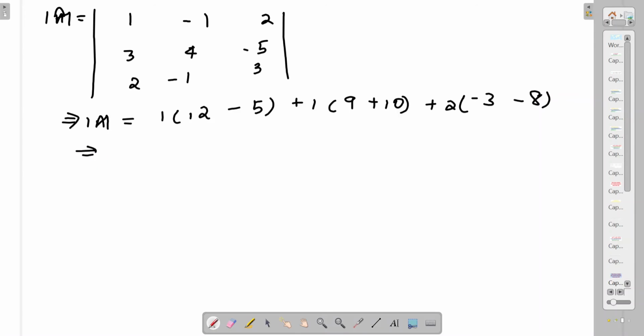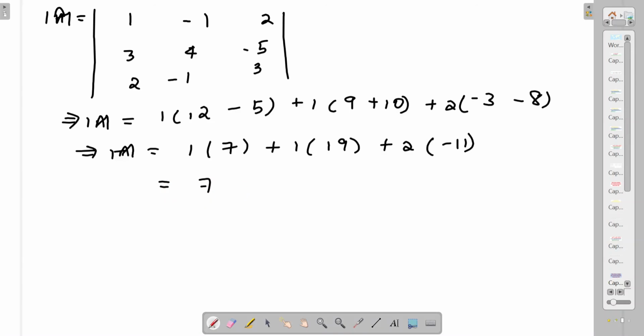Okay, so determinant of A will be equal to 1 times 12 minus 5 is 7, plus 1 times 19, plus 2 times minus 11, that is nothing but 7 plus 19 minus 22, that is nothing but determinant of A will be 7 plus 19 is 26 and minus 22, that is nothing but 4.